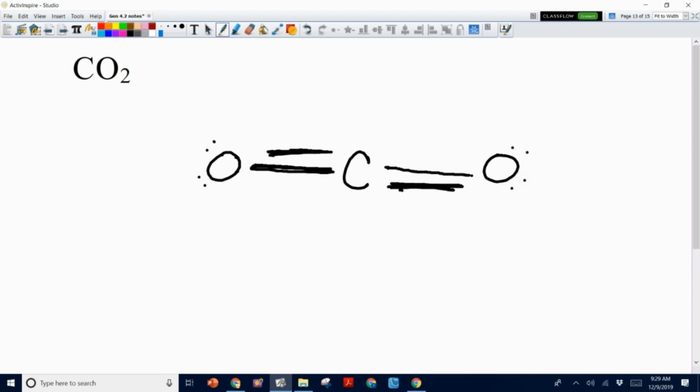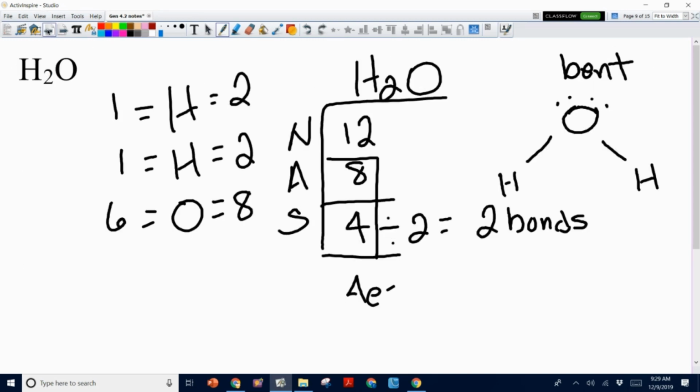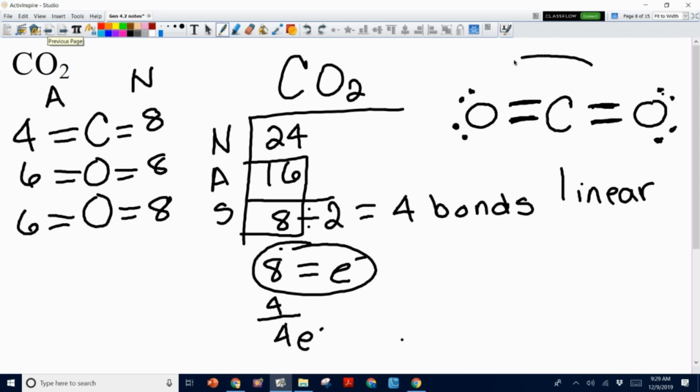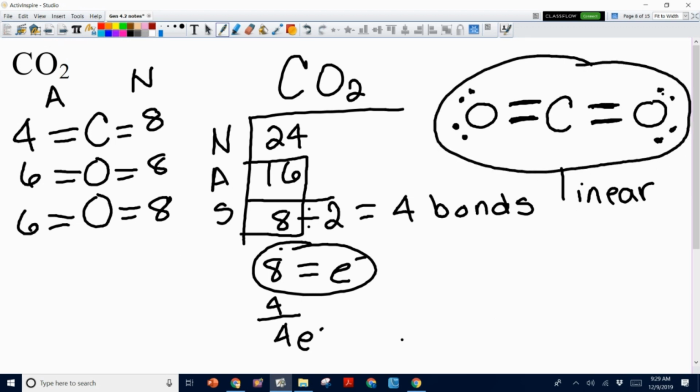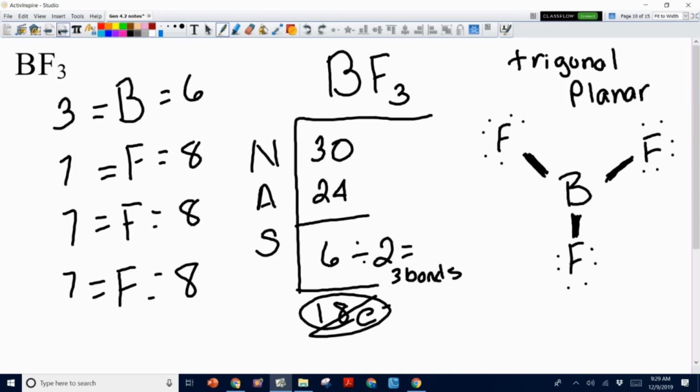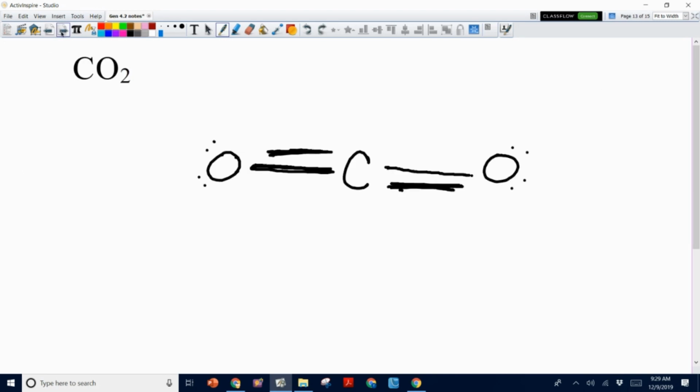And if we look back at our carbon dioxide that we drew earlier using NOS, we see we have the exact same shape. Okay. So the book doesn't teach you NOS. It's a trick that I learned from my chemistry teacher. It works every single time.